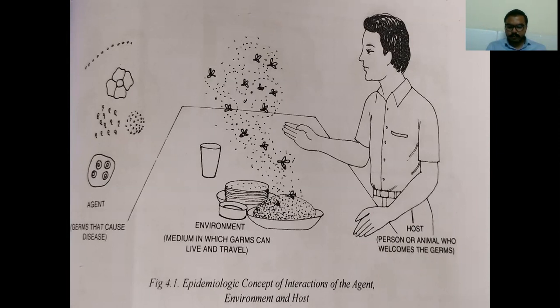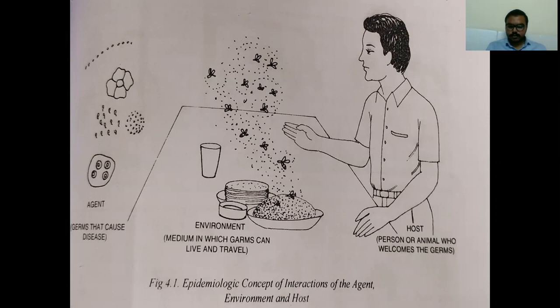Okay, the environment surrounds both the agent and the host, bringing about their contact and interaction. The state of disease is the end result of interaction that occurs in a suitable and favorable environment between the agent and the host.